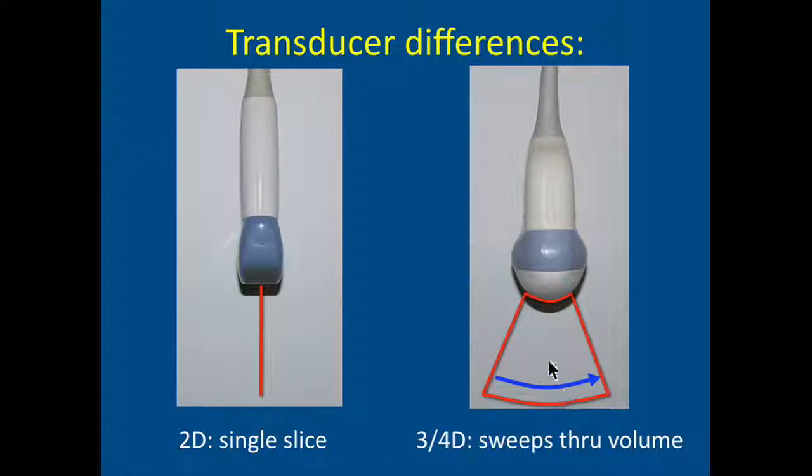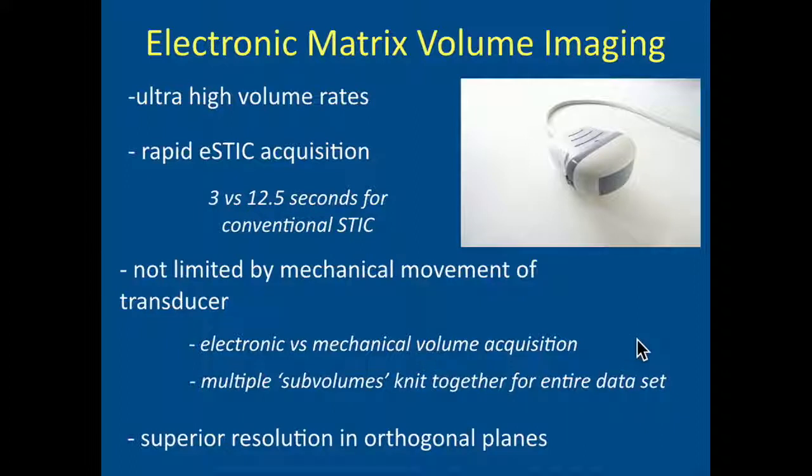So this is conceptually what we are obtaining, a conical data set that's defined by the angle of acquisition, and in the other plane, the sector width, to determine what we're going to acquire in our volume.